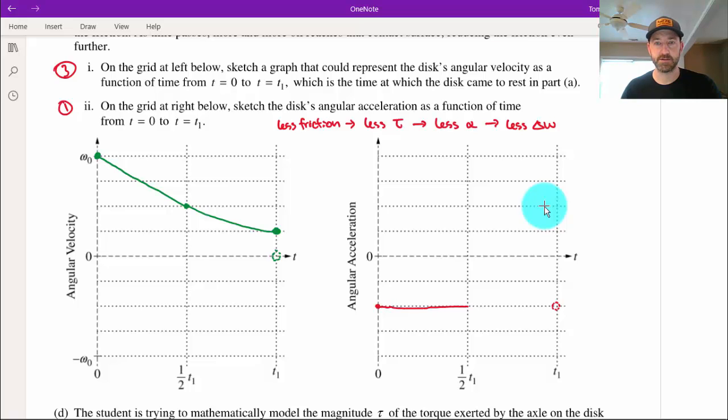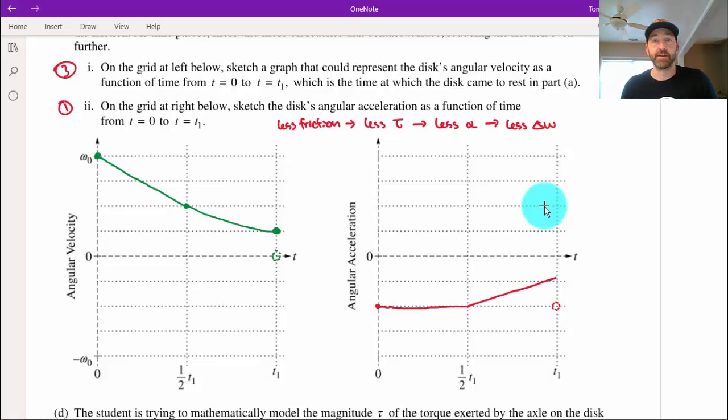And for the angular acceleration, you get a little bit of leeway in terms of what it looks like, but you're supposed to show that at time half T1, the angular acceleration starts to decrease. I don't think it has to go to 0, but it can just decrease, so you just draw something like this.